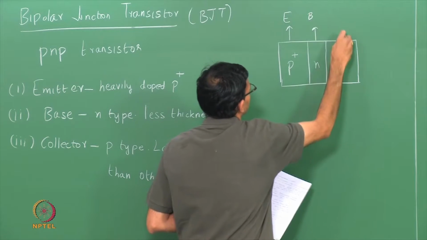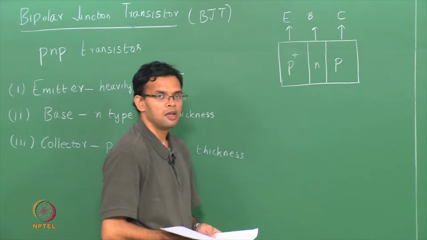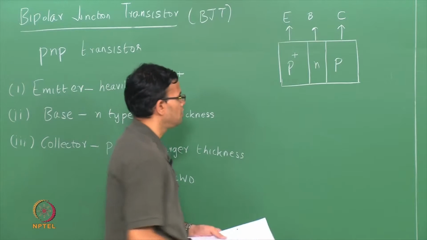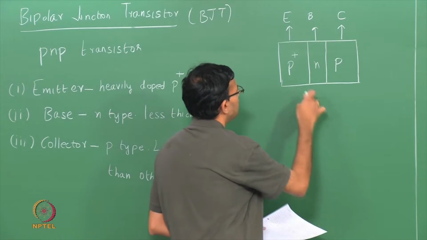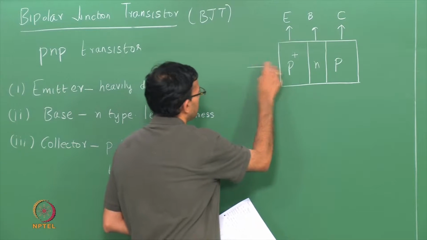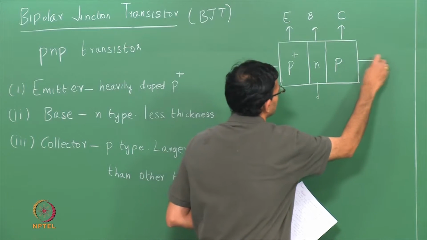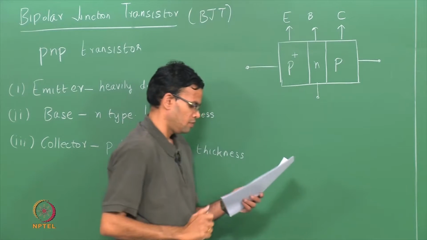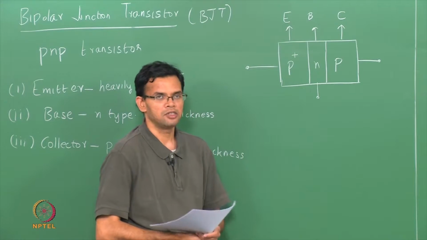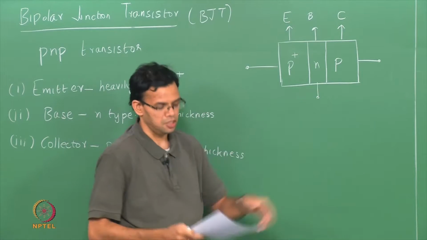This is your base, that is the collector. So we have 2 junctions, one between the emitter and the base, one between the base and the collector, and you have 3 terminals. So this makes your transistor a 3-terminal 2-junction device.